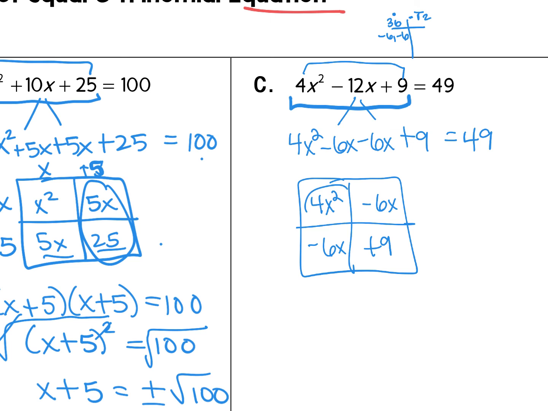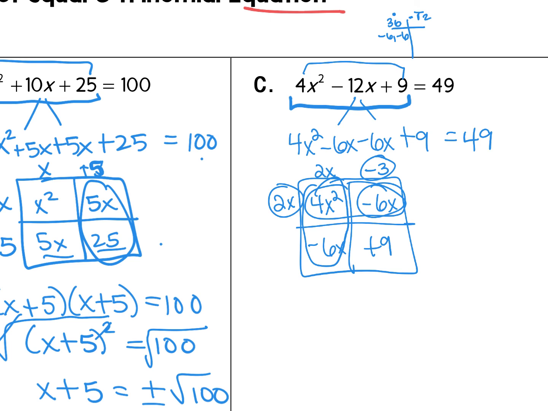If I factor in the top row, that's going to be a 2x. If I factor in the first column, that's also a 2x. So 2x times 2x is 4x squared. That means I'm going to have a negative 3 here because 2x times negative 3 is negative 6 in the top right-hand corner.